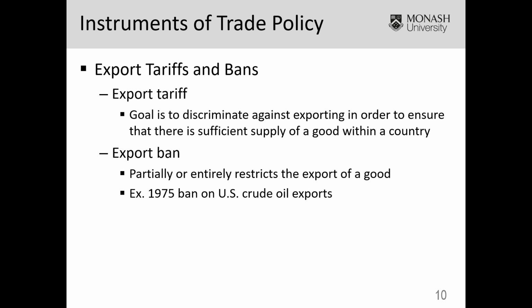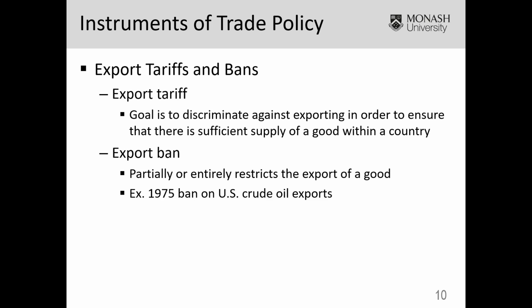Export bans. We see technology being banned from being exported to particular countries. Toshiba got in trouble, even though Toshiba is a Japanese company, because it was exporting particular technology to countries. Toshiba makes laptops, and they had things in their laptops that couldn't be exported to particular countries, and so they had an export tariff or a complete export ban.